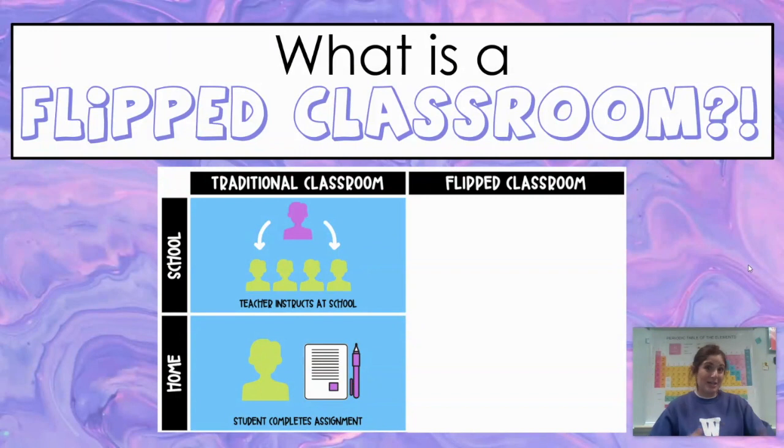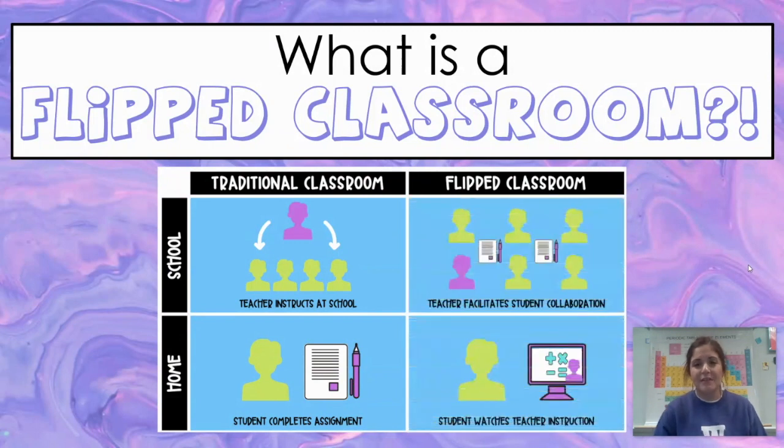Now, in the flipped classroom, the students do the work in class, and then the students get the lecture at home. So in a flipped classroom model, students tend to be engaged with the material in class. And we're going to talk about, in the actual flex, what are some ways that we can engage students with these different content areas in class? What are some things that we could do to get the students more invested in our material, rather than having them sit blindly and just listen to us?